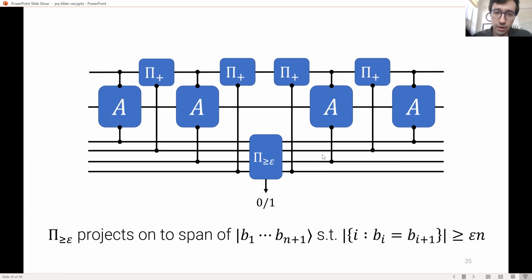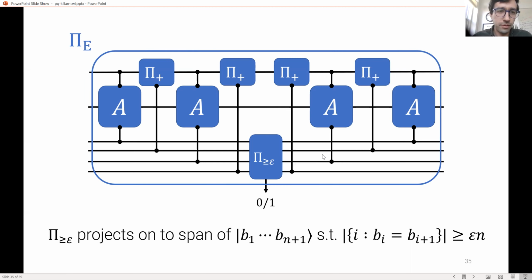Then we compute whether the estimate is high enough for our purposes, whether it's at least epsilon. And then we uncompute everything, right? So this turns this estimation procedure into some projective operation, which we're going to call pi sub e. So that's the first step. It's a standard thing to do.